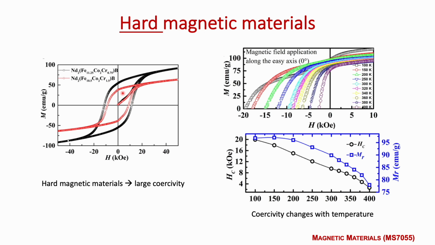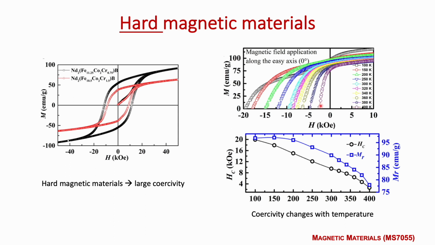So this is another example, hard magnetic materials. NdFeB type of materials, you see these materials have coercivity close to 2 Tesla. And then we measure these at different temperatures. At low temperature, at 100 Kelvin, the system shows 20 kilo Oersted, which means close to 2 Tesla coercivity.